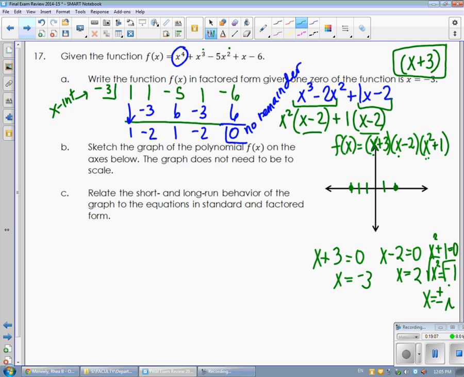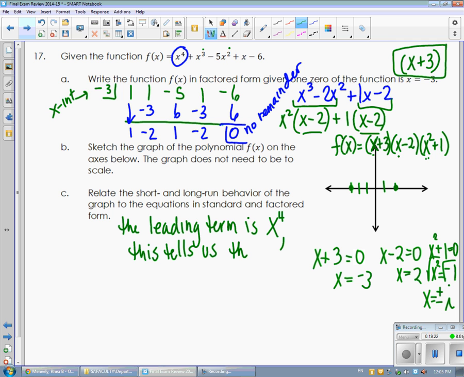So if we think about it, the leading term, I'll just write this out as I'm going, the leading term is x to the 4th. This tells us the ends should be going in the same direction.